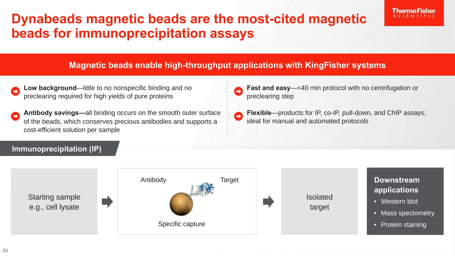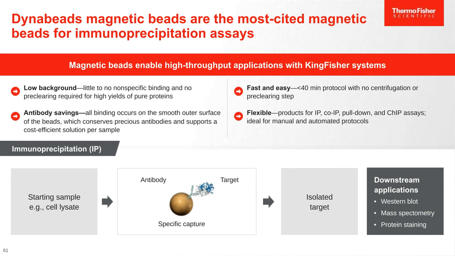These antibodies are then conjugated to a solid surface, whether it's a non-magnetic or a magnetic bead surface, the magnetic beads being these Dynabeads that we have been working a lot with, for use in downstream applications such as Western blotting or mass spectrometry.